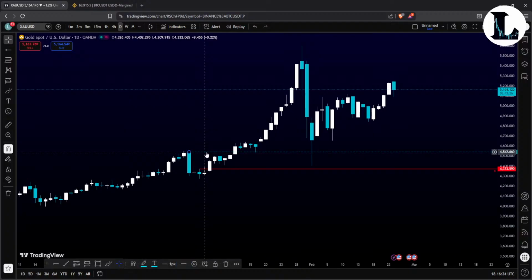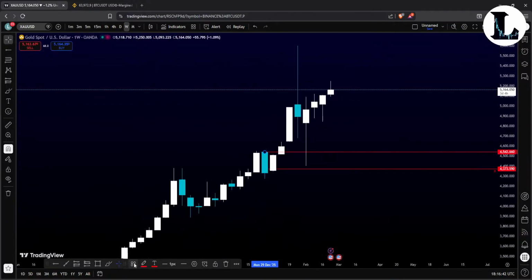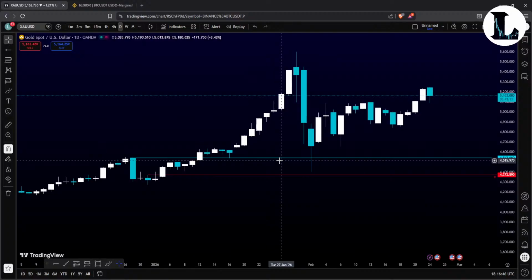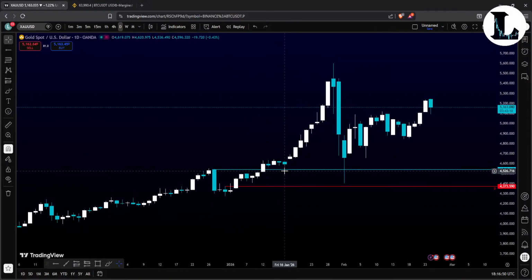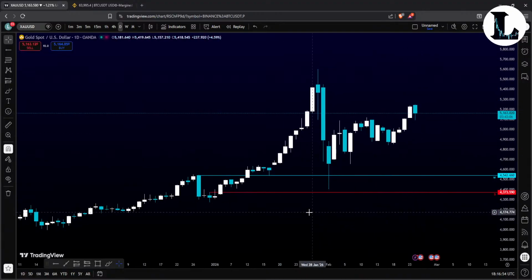I will delete this weekly because it doesn't have... well, it actually does. It actually does have a reaction here. This weekly here, you can see the daily goes there and boom, 23%.